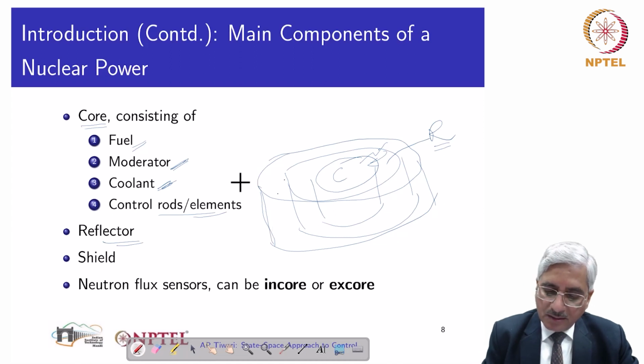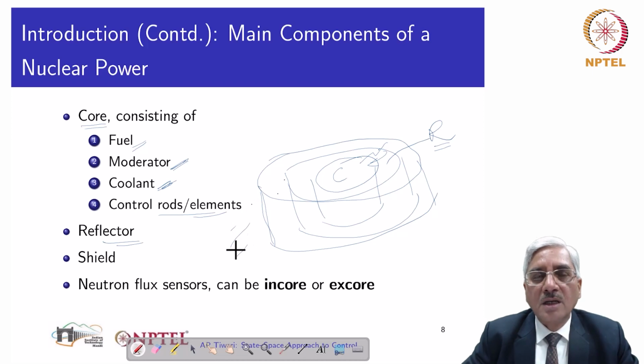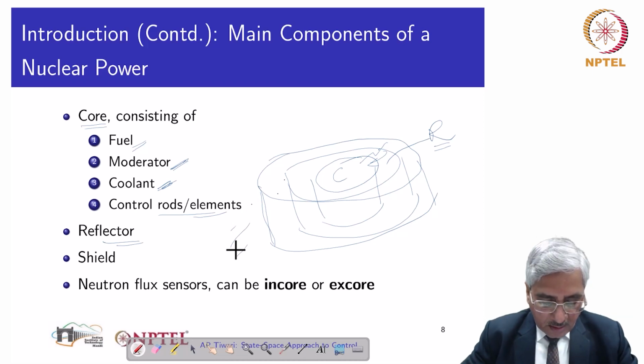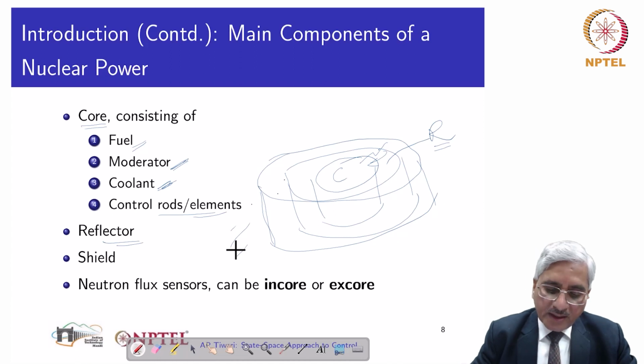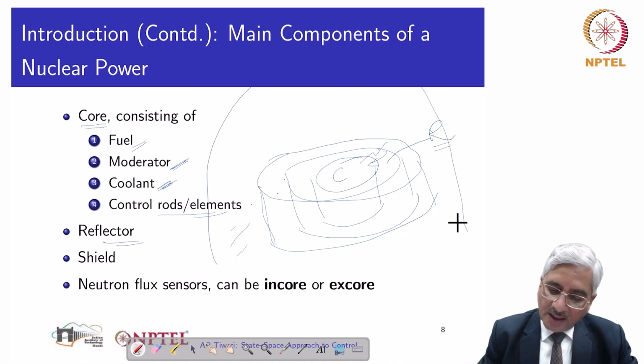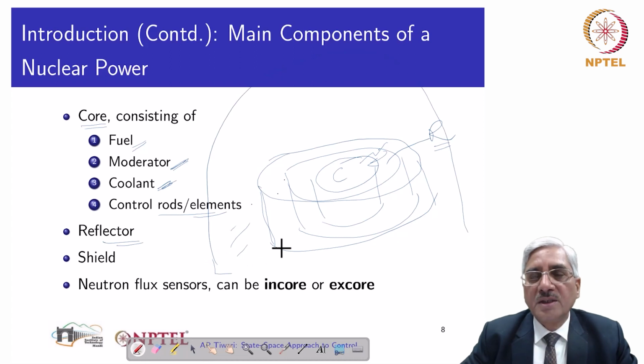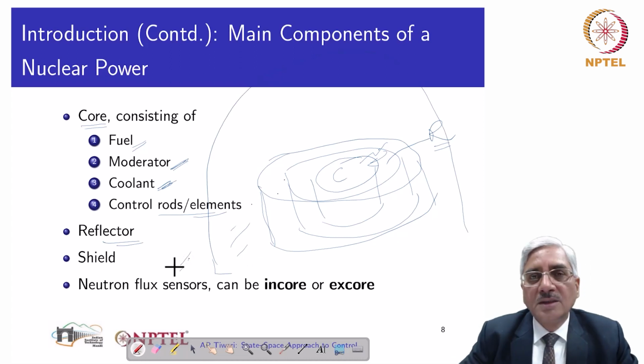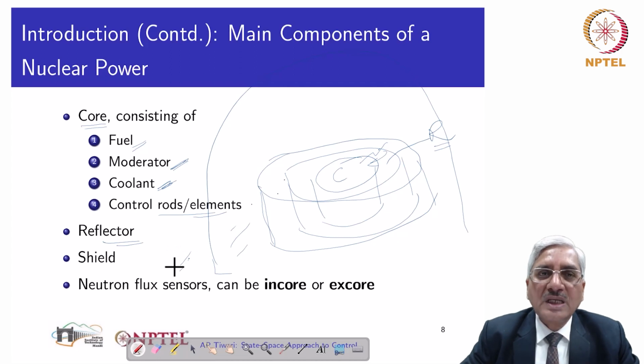So outside the reactor boundary, the radiation levels are very small. Then this whole thing is inside a containment. Outside the containment, there is almost nil radiation, or only background radiation.